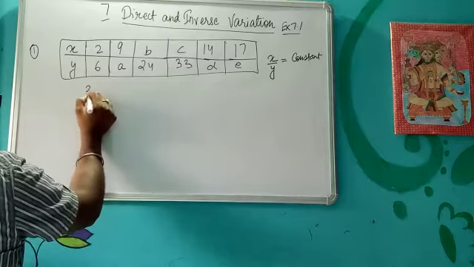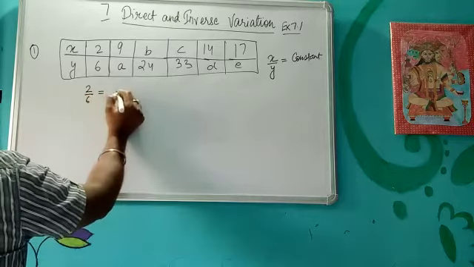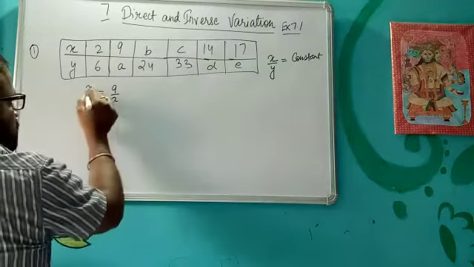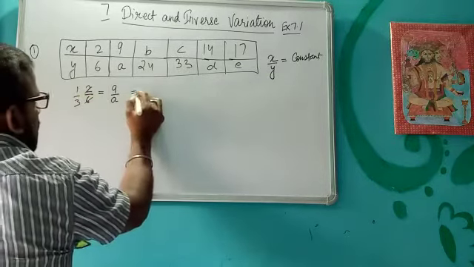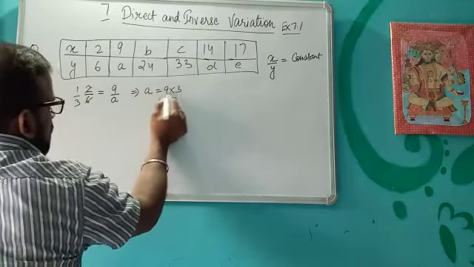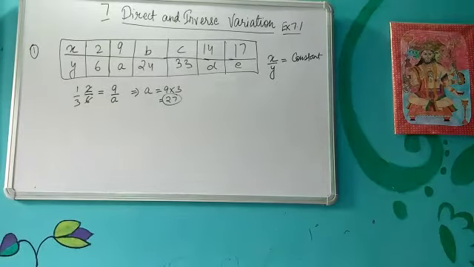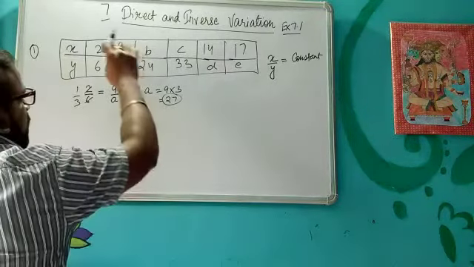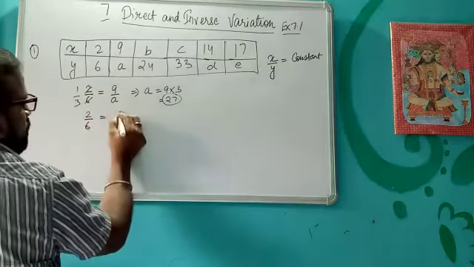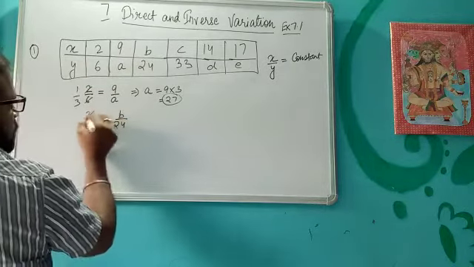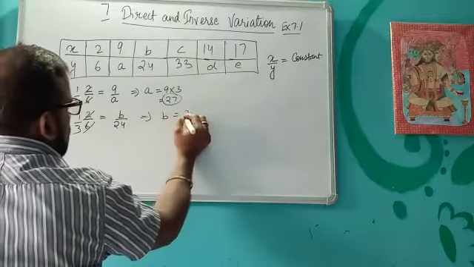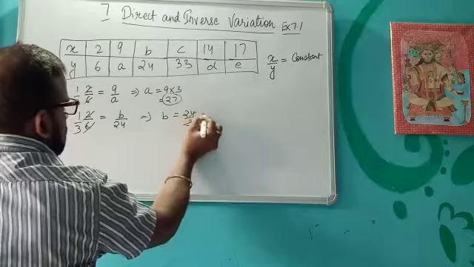It will be like this: 2 upon 6 equal to 9 upon a. So when we solve, we will get a equals 9 into 3, that is 27. Similarly, again we can take 2 upon 6 equal to b upon 24. So it is 1 upon 3. So what is my b? b will be 24 upon 3, that is 8.